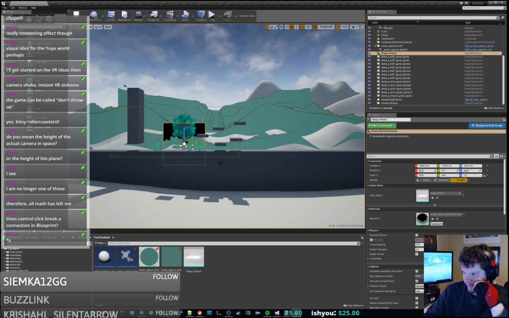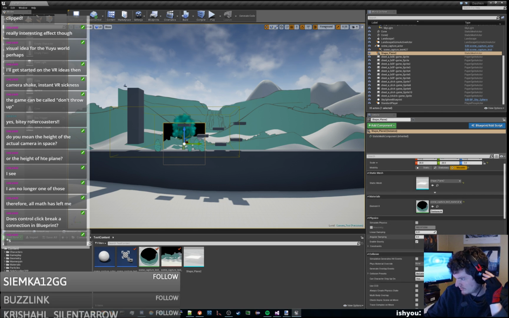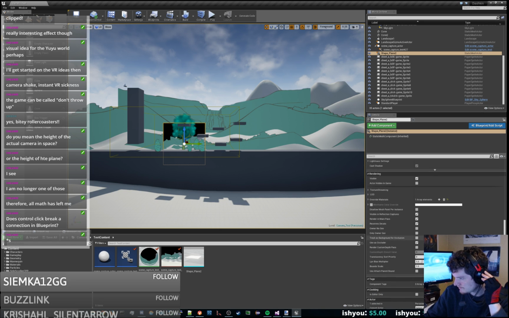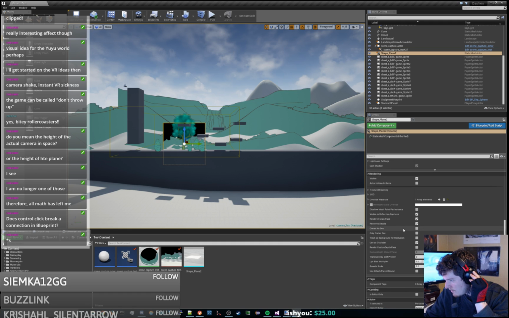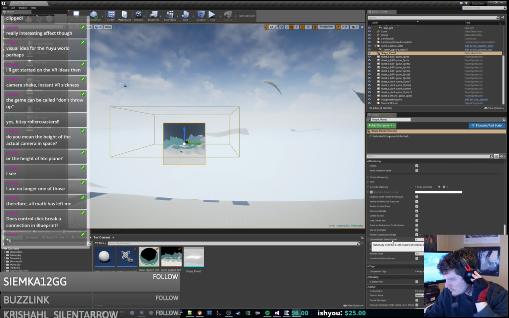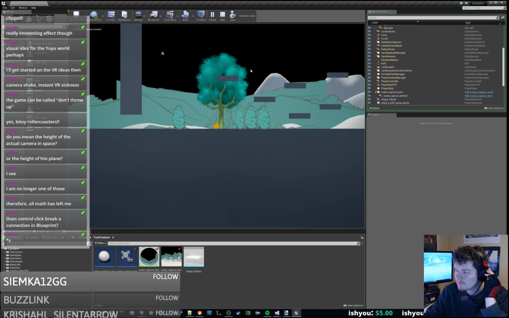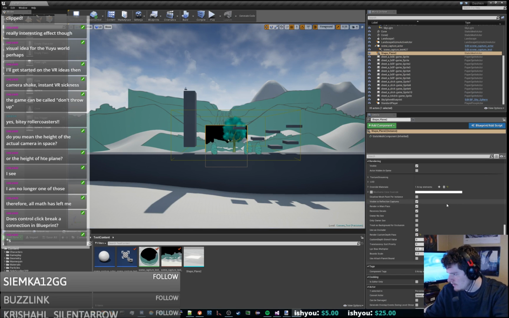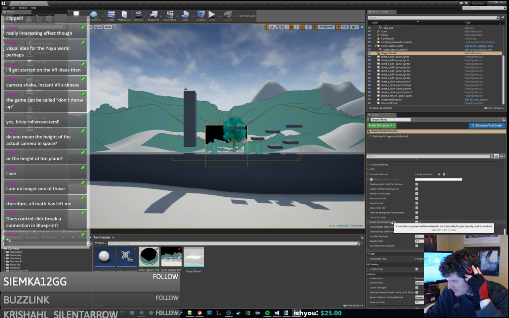So we're rendering it onto a material, and that material is outputting stuff. So we have a custom depth pass.